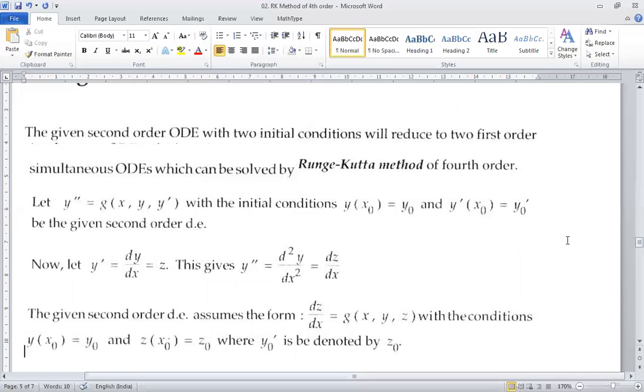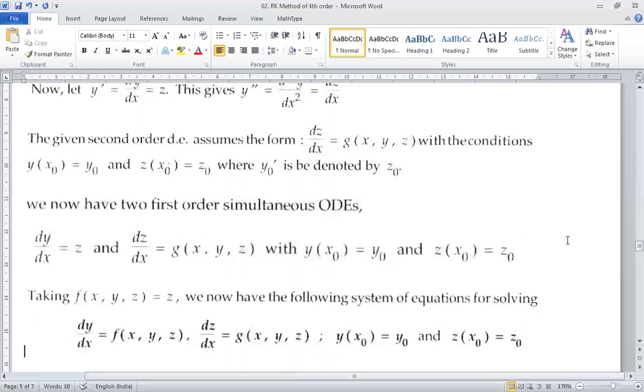So the given second order differential equation takes the form dz by dx is equal to g of x comma y comma z, with the conditions y of x naught is equal to y naught and, instead of y dash, we'll be writing z of x naught is equal to z naught. Okay, so y naught dash is replaced or denoted by z naught.